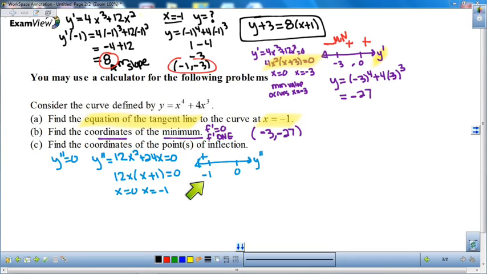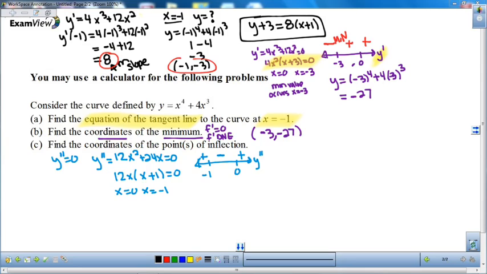So now I'm going to check between negative 1 and 0. I'm going to check negative 0.5. So this is negative. 0.5 plus 1 is positive. So negative times a positive is a negative. So now I'm going to check to the right of 0, which is 2. So this is positive. 2 plus 1 is 3, which is positive. So that's going to give me positive.